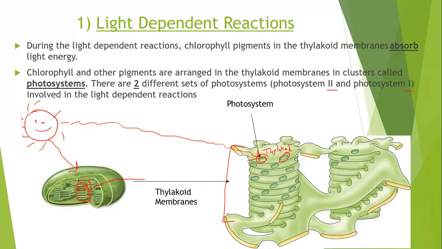Now remember, if you're wearing a black hoodie or a black shirt on a hot day, that black color is going to absorb the light and turn it into heat. If you're wearing a light white t-shirt, all that light gets reflected away and you stay cool. So absorbed light can be converted. Reflected light is useless. Okay? So what these photosystems do is they absorb blue and red light.